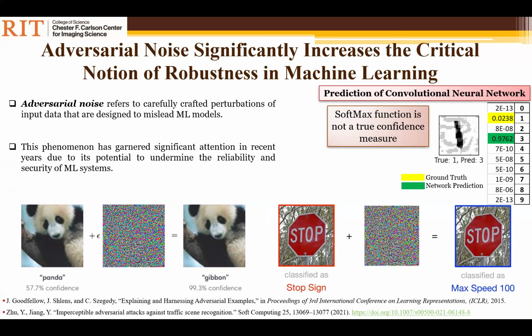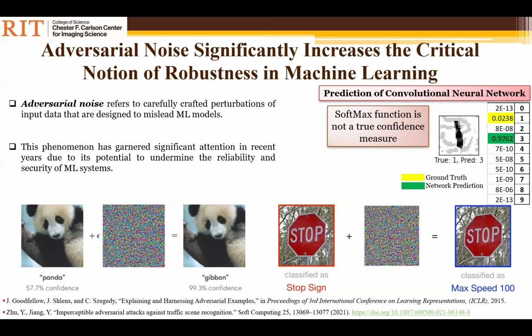The noise is imperceptible to the human eye, so the user cannot see that the images are perturbed, but the network makes a wrong decision, and on top of that wrong decision, the confidence in the probability output of the neural network is very high. So the network is making a mistake with very high confidence, not even telling us that there's something wrong, or that there's some sort of perturbation to the input that we need to be aware of if we want to use the neural network.